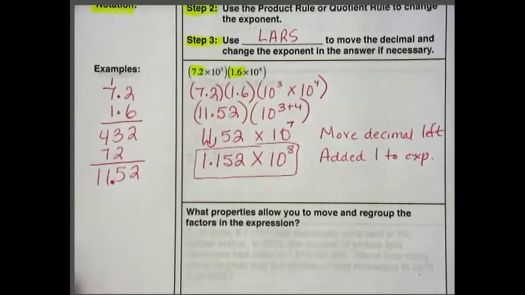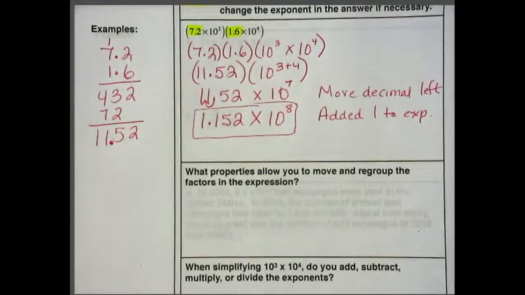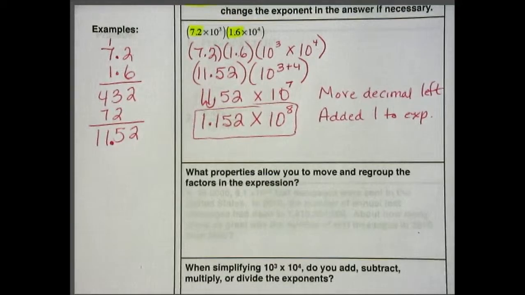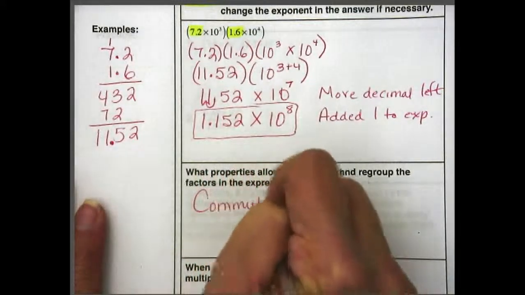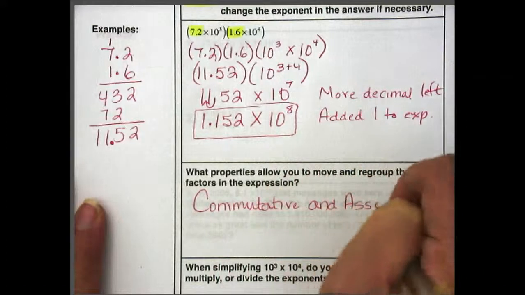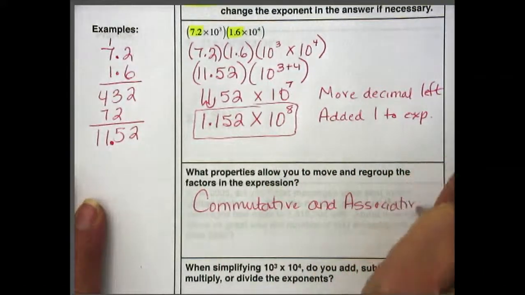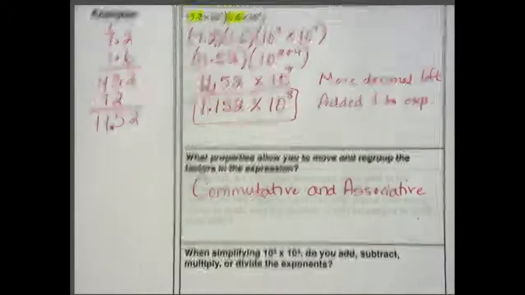All right, our first question is, what properties allowed us to move and regroup the factors in the expression? If you think back to our discussion about properties in our first unit, you will recall that we discussed the commutative and the associative properties, and these are the properties that allow us to move those around and regroup them and still get the same answer.